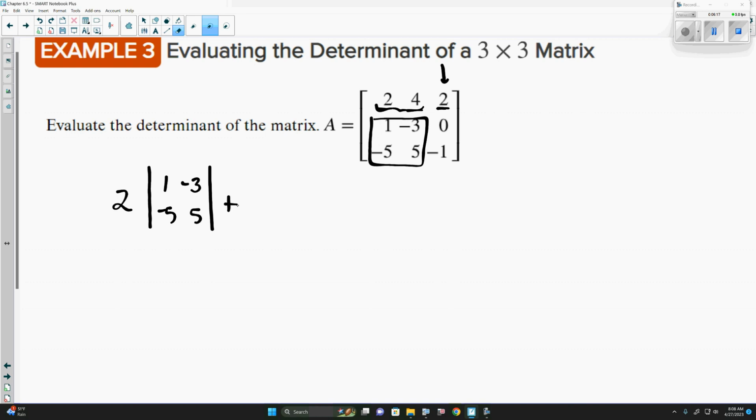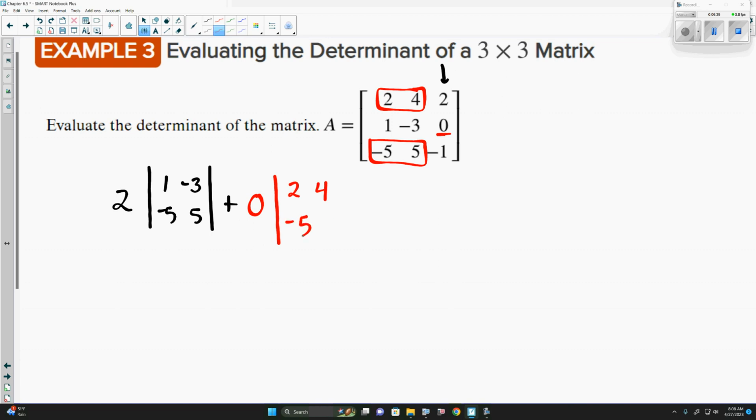And we're going to add to it the next one. Now we're using 0. So we have 0 times. Well, now our determinant is going to be these top two numbers and these bottom two. So we'd have 2, 4, negative 5, 5.